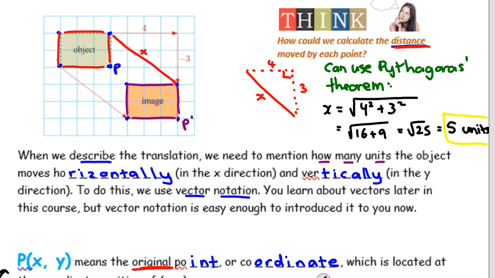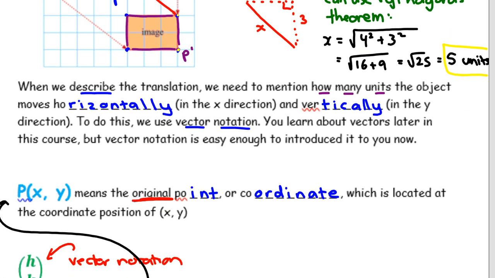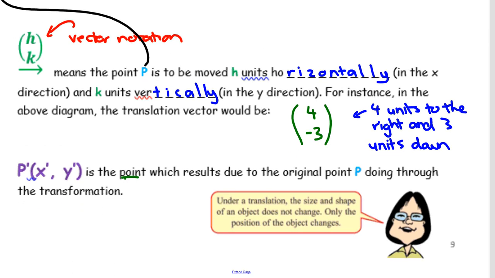You can see they correspond to each other. And if this one was A, then this one would be A dash. The original points, without the dash, appear on the object. The points that have the dash, the apostrophe, appear on the image. Under a translation, the size and shape of an object does not change. Only the position of the object changes.